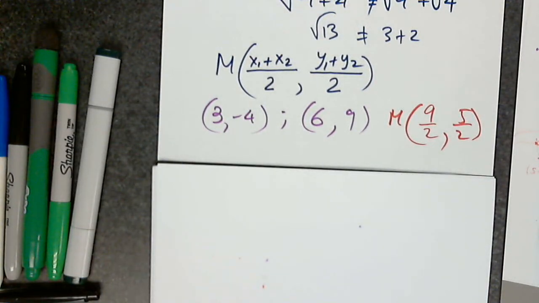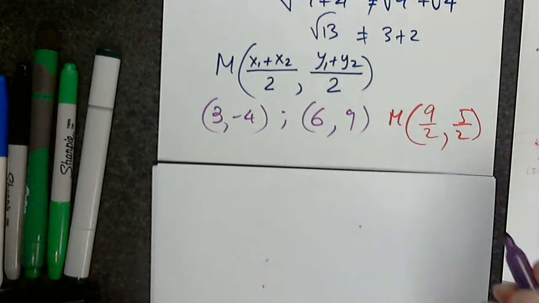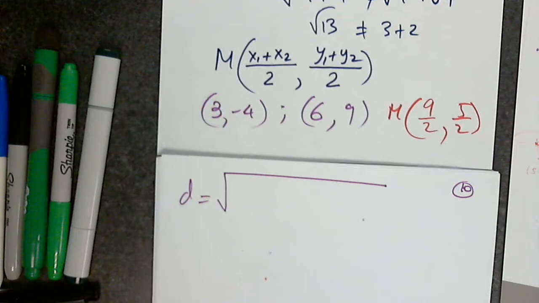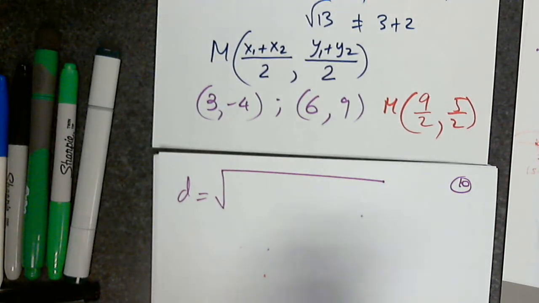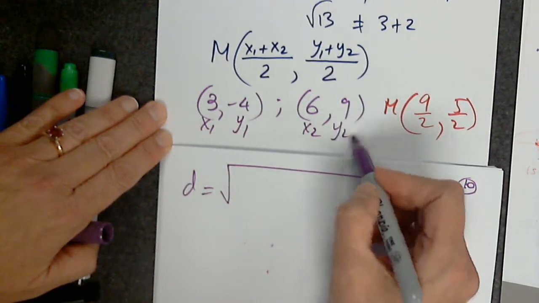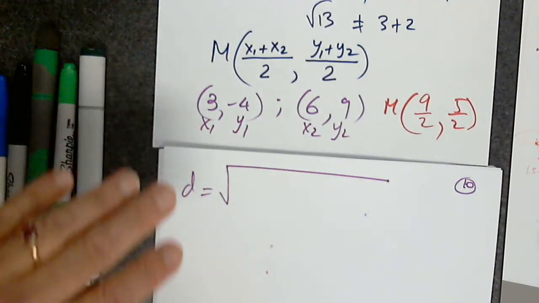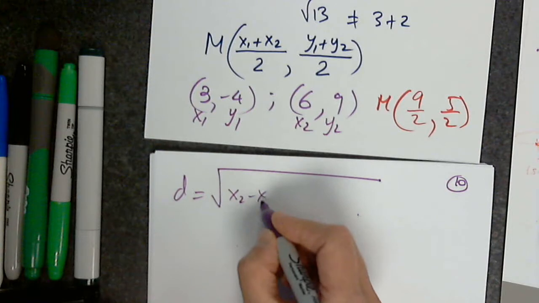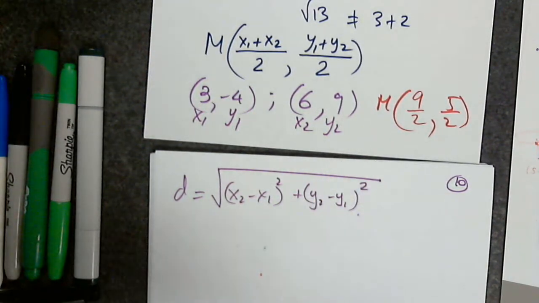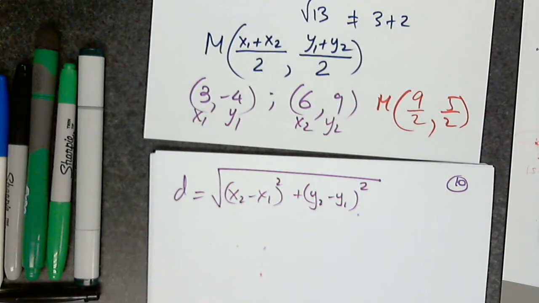So I'm going to write the formula. The distance is the square root of, this is my x1, this is my x2, this is my y1 and my y2. I'll write the formula first: x2 minus x1 squared plus y2 minus y1 squared. I will write underneath their numbers carefully.